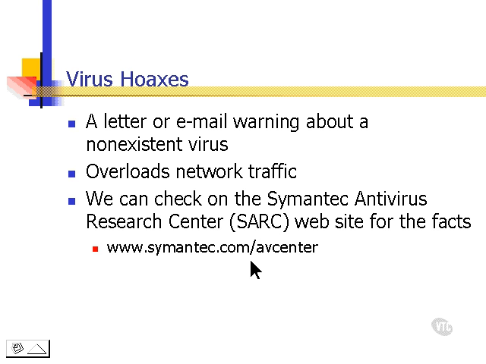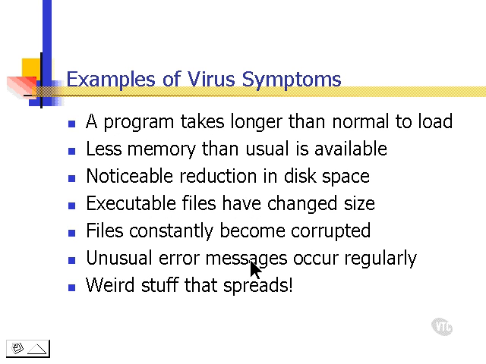If we really do have a virus, we would know from the symptoms. For example, a program might take longer than normal to load, or there might be less memory than usual, or we might have a noticeable reduction in disk space. Also, executable files could have changed in size, or files could constantly become corrupted, or we could get unusual error messages that occur regularly.